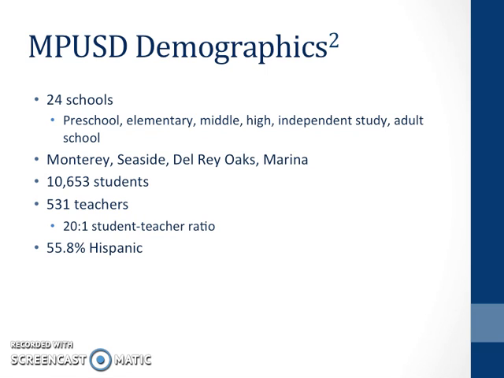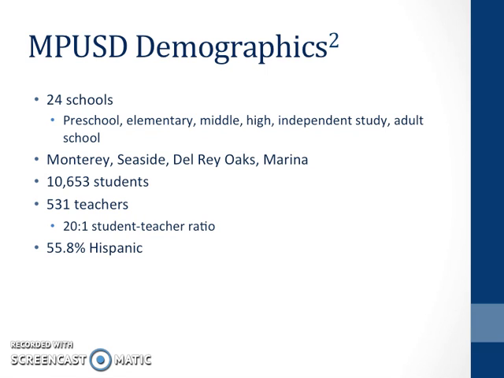Within the 24 schools, there's a total of 10,653 students and 531 teachers, which is a 20-to-1 student ratio. The primary ethnic demographic is Hispanic, with a little over 55%.